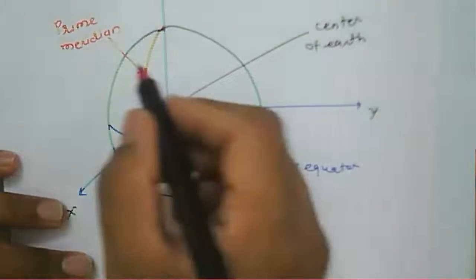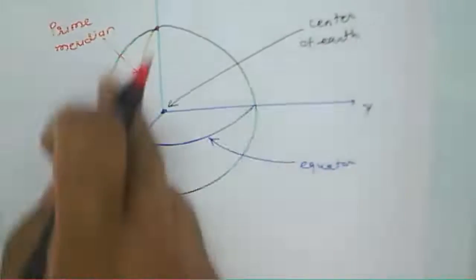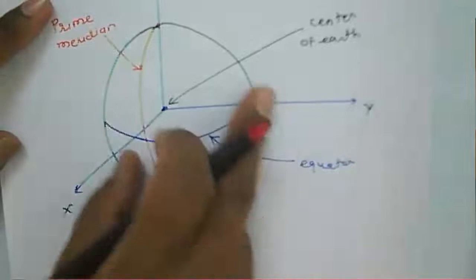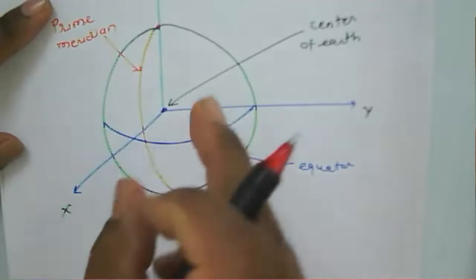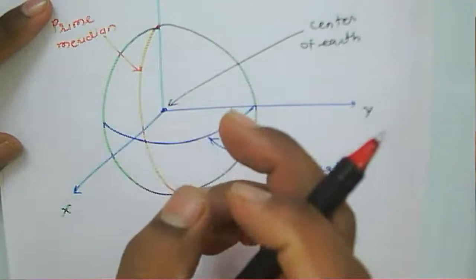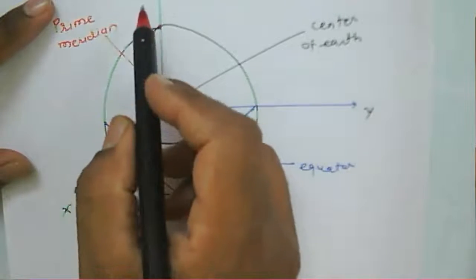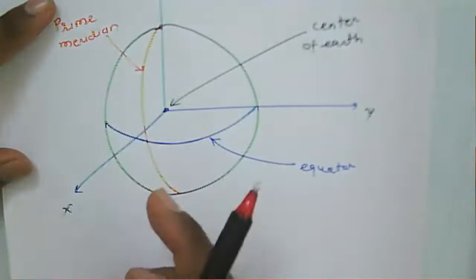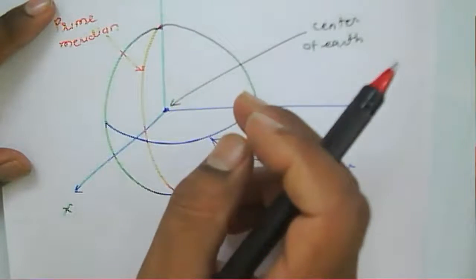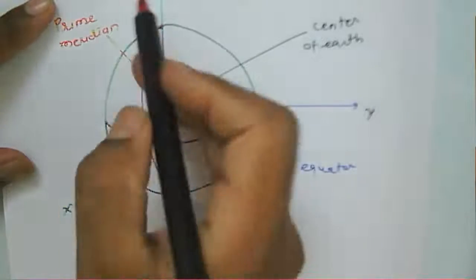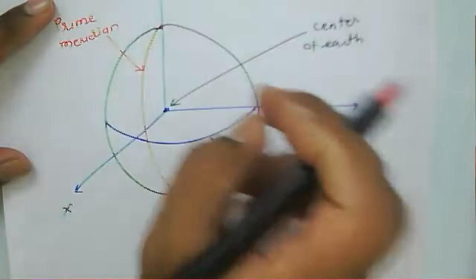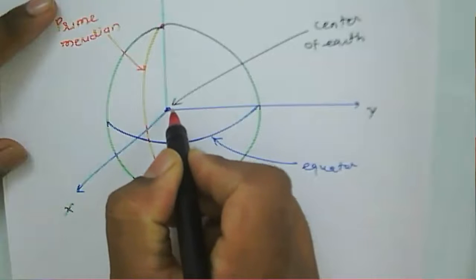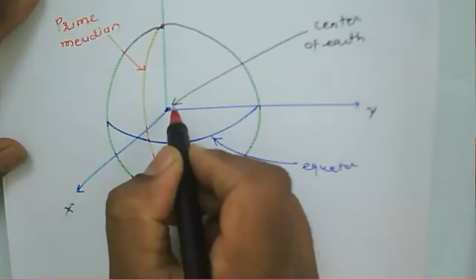Because the Earth is a sphere, we have a three-axis system. The ECEF coordinate system is described using three orthogonal coordinates, x, y, z, which are perpendicular to each other. The origin is the center of the earth.